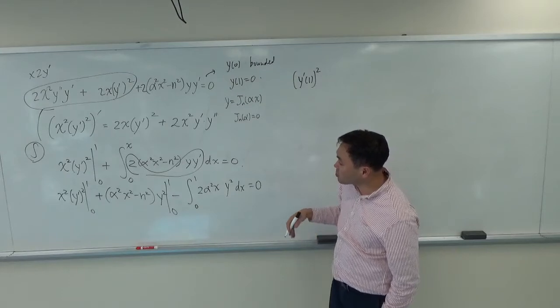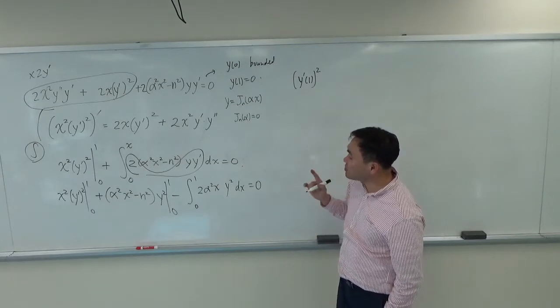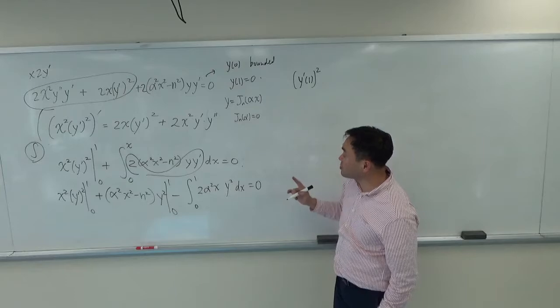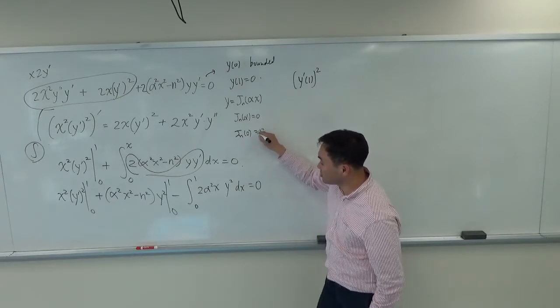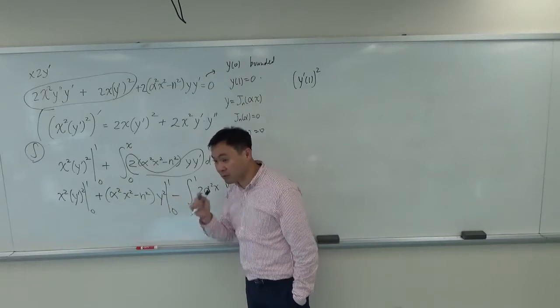There are two cases. When n is equal to 1 or greater, we know that jn of 0 is 0. So this is going to be 0.